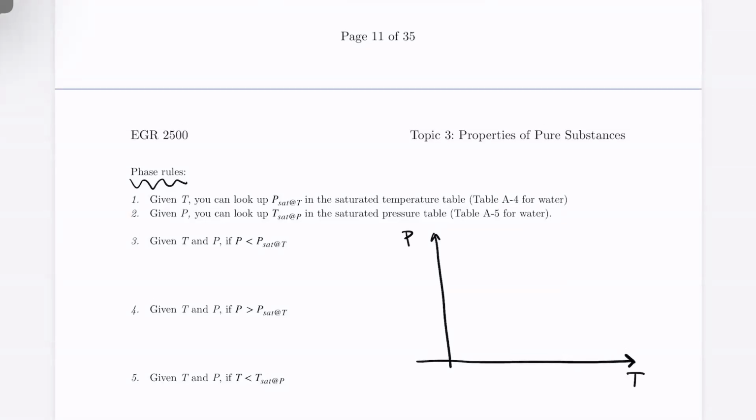So let's say that this is our phase diagram. So this is liquid. This is vapor. And this is solid.